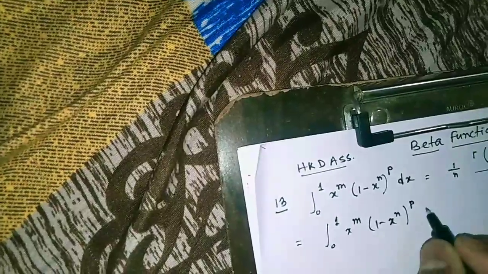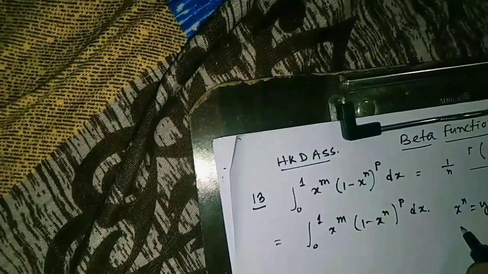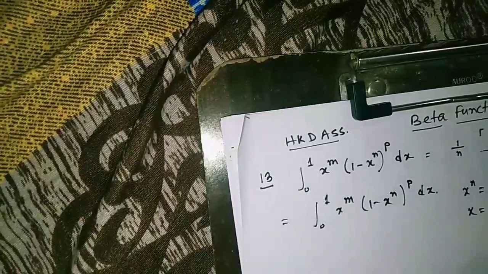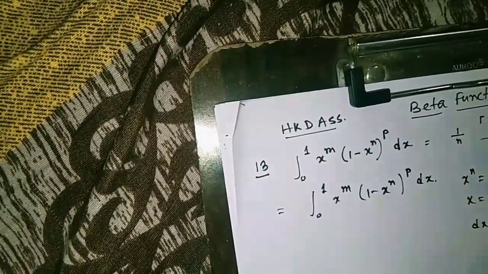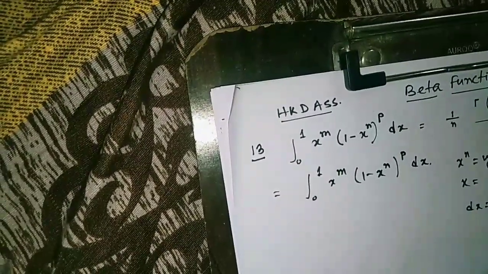Okay, so here 0 to 1 x to the power m (1 minus x to the power n) whole to the power p dx. Okay, now I am considering x to the power n equal to y. So if I derive it, x equal to y to the power 1 by n, dx equal to 1 by n y to the power 1 by n minus 1 dy.